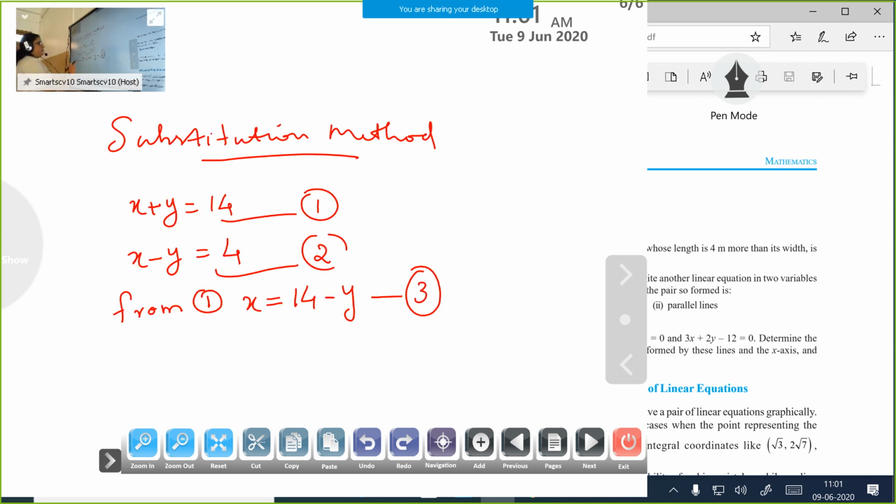Then, substituting 3 in our second equation.